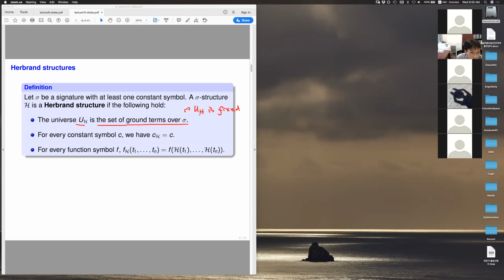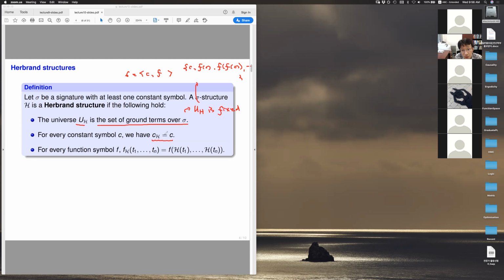Now, because the underlying universe is fixed, we can start to talk about how this structure should interpret constant symbols and function symbols. The constant symbol's interpretation is itself. This may be a bit confusing, but imagine our signature sigma consists of a constant C and a unary function symbol F. Then U_H is going to be C, F of C, F of F of C, and so on.